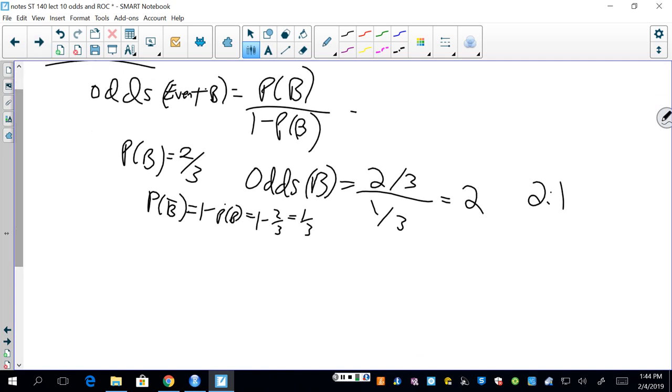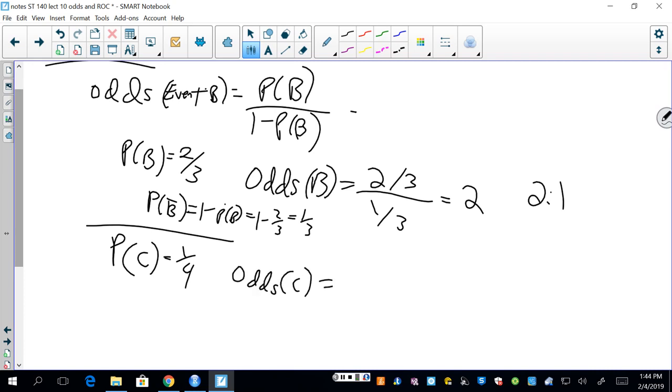If you had, instead, say the probability of B, well, let's just call it another letter, whatever, C, say 1/4. What are the odds for an event C? What ratio would you take?